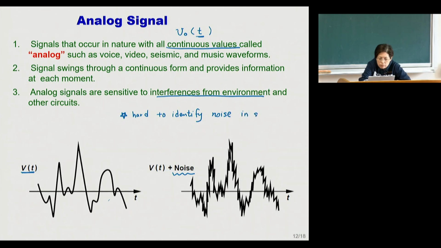in a signal. So what we actually want is, for example, if I receive this particular signal, I want to amplify it. If I amplify this signal, I times it by an amplification factor, what then becomes A·Vs plus A·Vn.